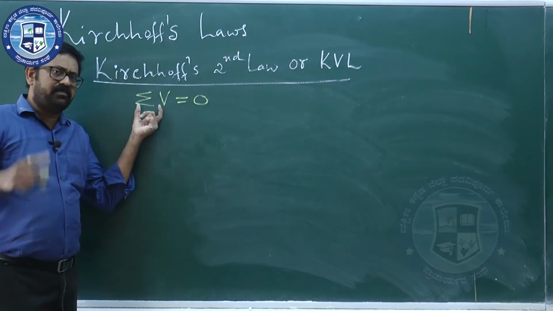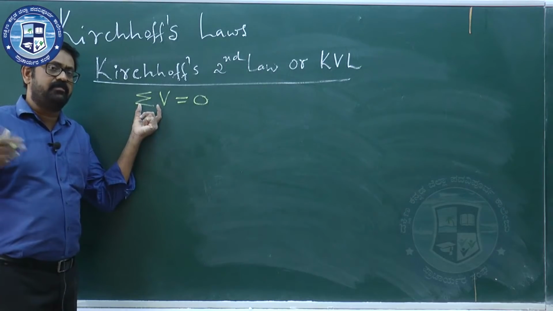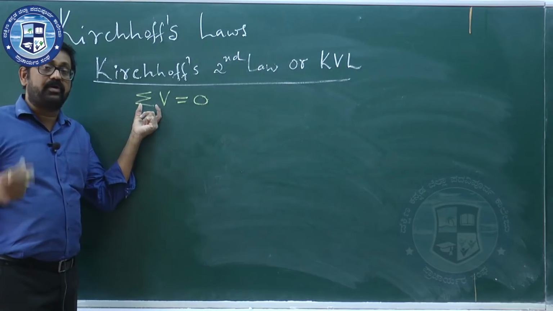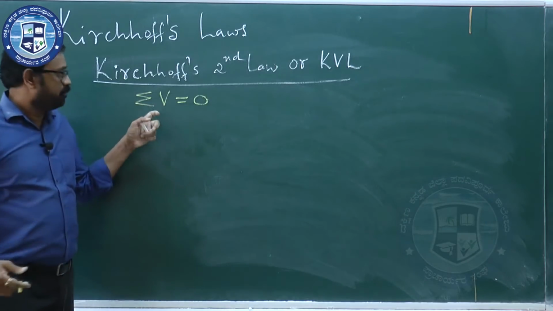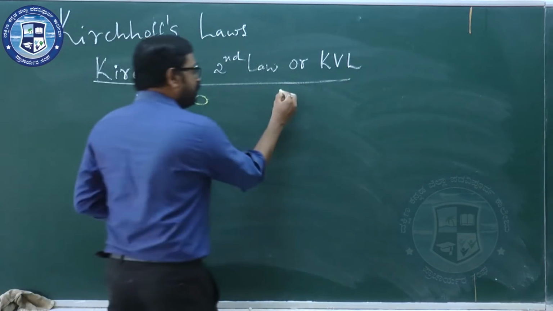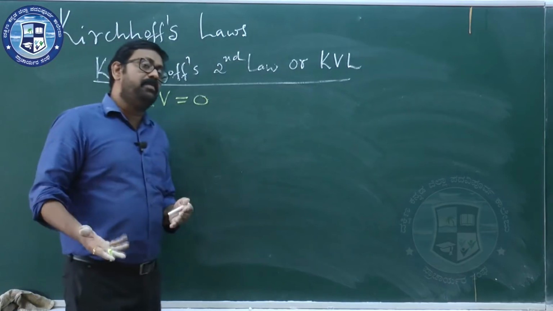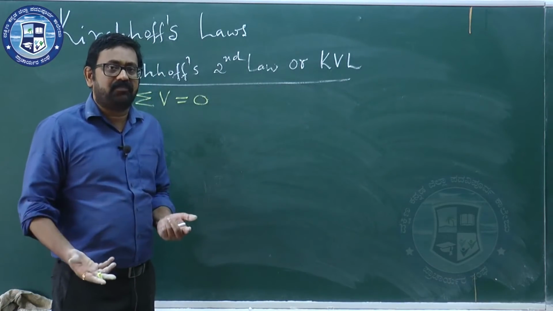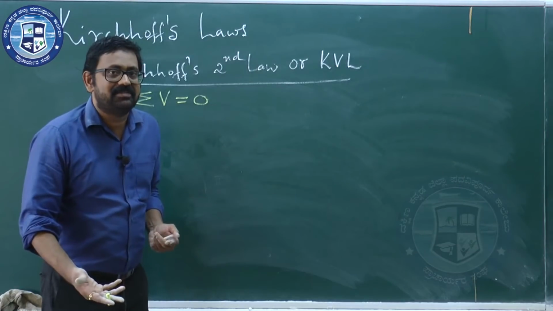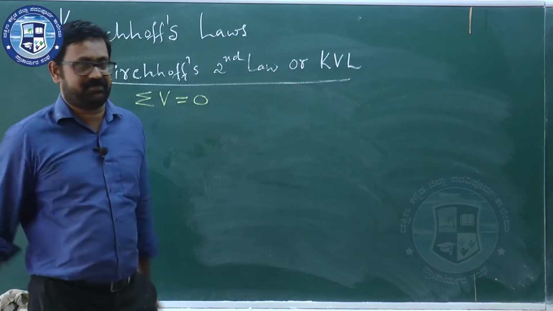This particular statement which I said, that the algebraic sum of the change in potential around the loop across the resistors and the cells is equal to 0, can also be given as: the algebraic sum of the product of the current and the resistance in a mesh or a loop is equal to the algebraic sum of the EMFs.